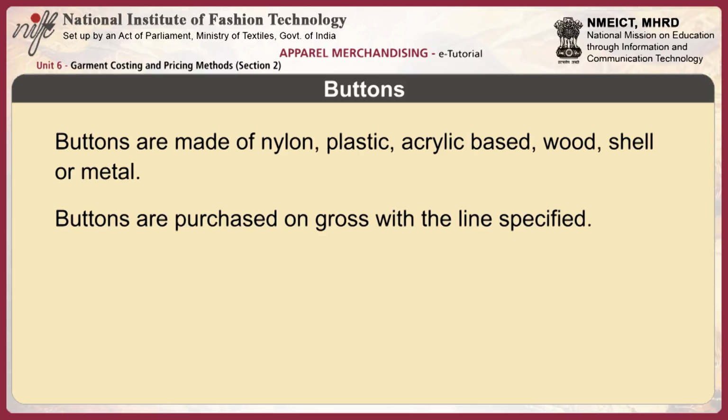You can see plastic buttons, acrylic buttons made with acrylic material. There are buttons made with wood. There are buttons made with shell, and you can also see metallic buttons. So, buttons can be made with a variety of materials.